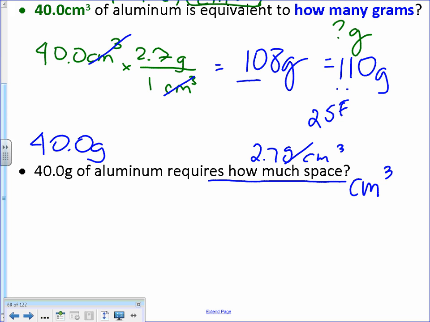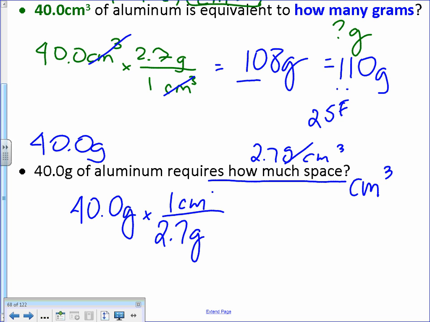So if I start off with my given, 40.0 grams, how do I write this in a way that cancels out grams? What's going to go on the bottom? Yes, the 2.7 grams goes on bottom. So that means I have the power to flip the conversion factor as needed. And the 1 centimeter cubed goes on top, allowing my grams to cancel because they're on top and bottom.